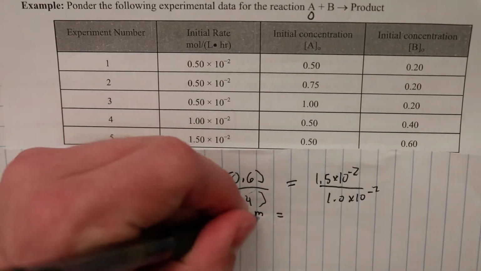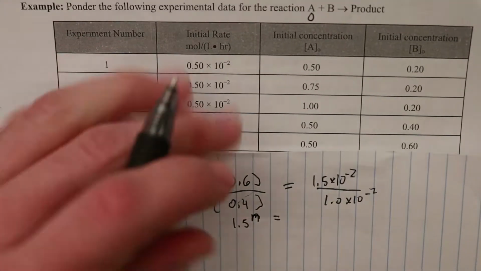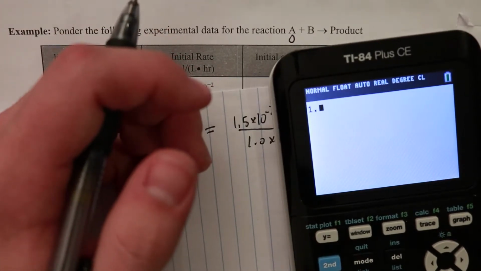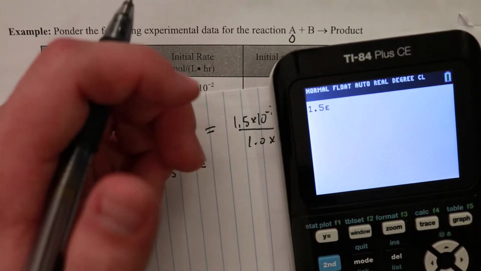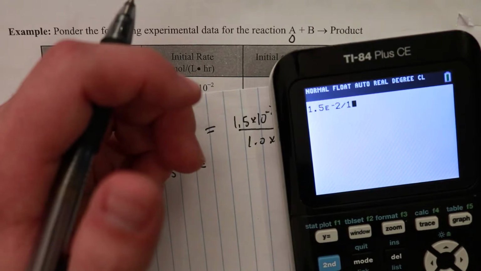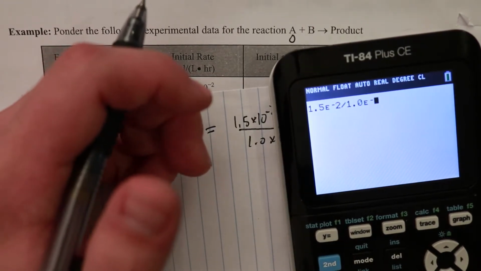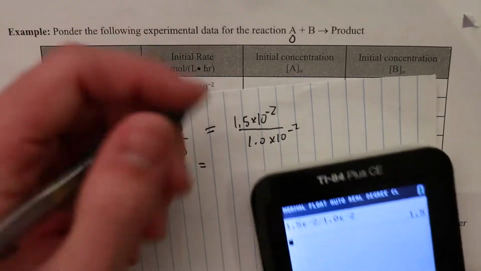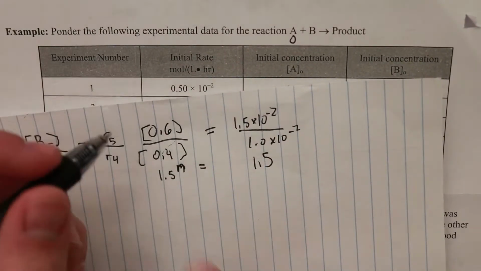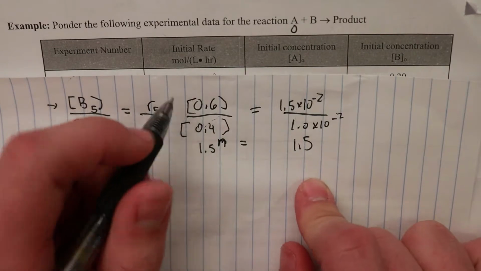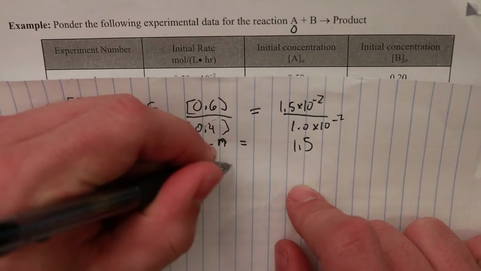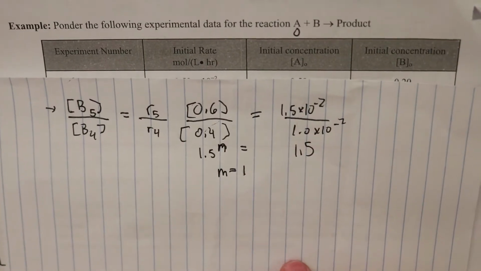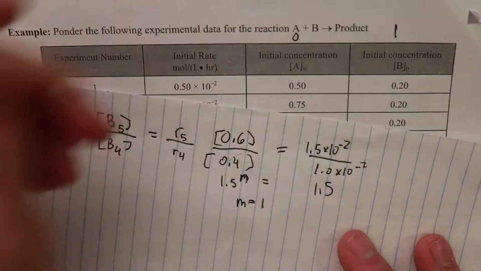I'm going to put my n here as the exponent for concentration B. And then I'm going to divide the rates: 1.5 times 10 to the negative second divided by 1.0 times 10 to the negative second. Hit enter, and I also get 1.5. So 1.5 raised to the n power gets me 1.5. So n is going to equal 1, because 1.5 raised to the first power is itself. So I know that B is first order.